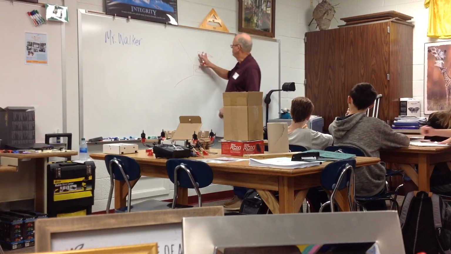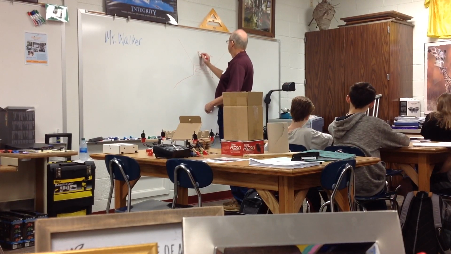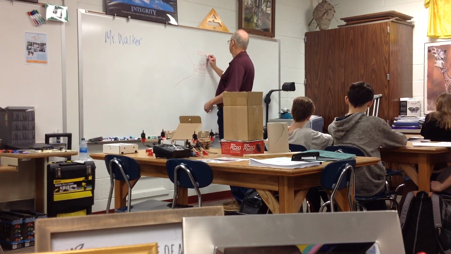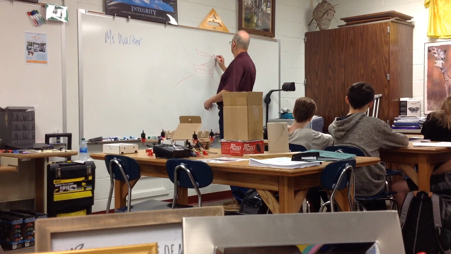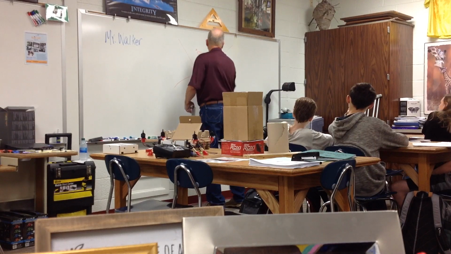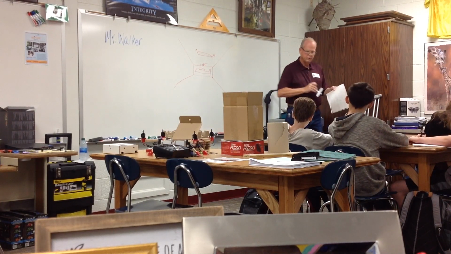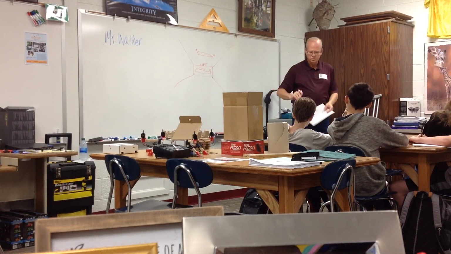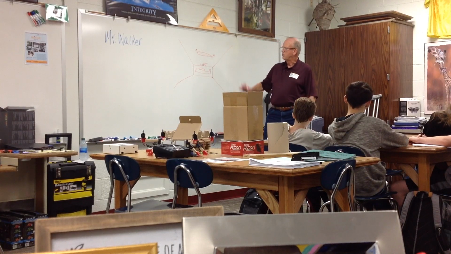I didn't draw it too correct. So this is an airfoil. You notice on airplanes, the upper wing is a little bit wider than the trailing edge. So I put in a leading edge and a trailing edge. That should be tapering off.